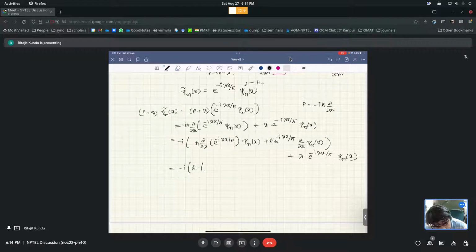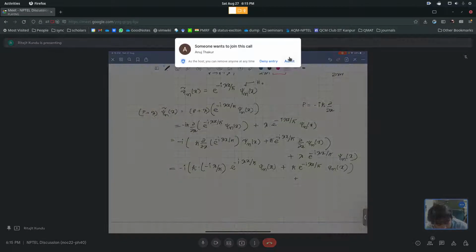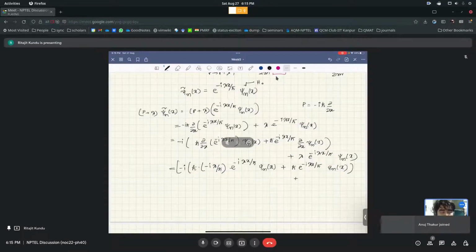So it becomes minus i lambda by h bar e to the power minus i lambda x by h bar psi n x, plus h bar e to the power minus i lambda x by h bar psi n of x. And additionally I had this lambda e to the power minus i lambda x by h bar psi n x.